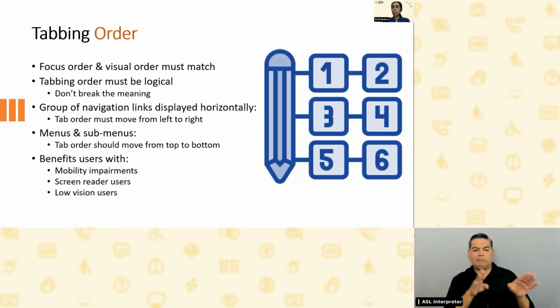Yes, we need to adjust the styles to meet the design requirements and keep all the stakeholders happy. But it is also important that we don't break accessibility while doing so.